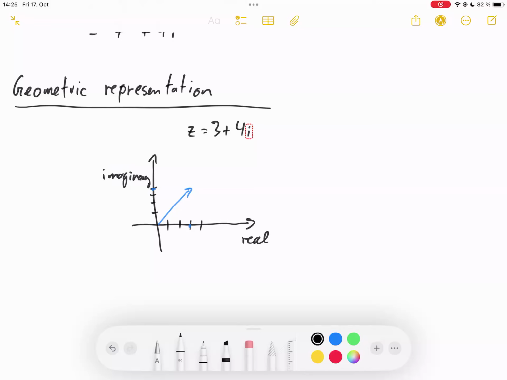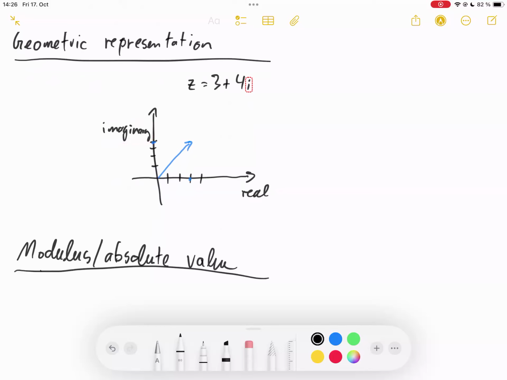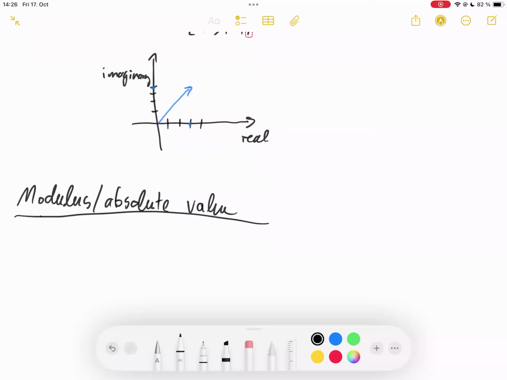And this brings us to yet another concept, which we call the modulus or absolute value of the complex number. You could also see this as the length of the vector. In order to calculate this modulus, we have a complex number z, and we want to know its modulus or absolute value.